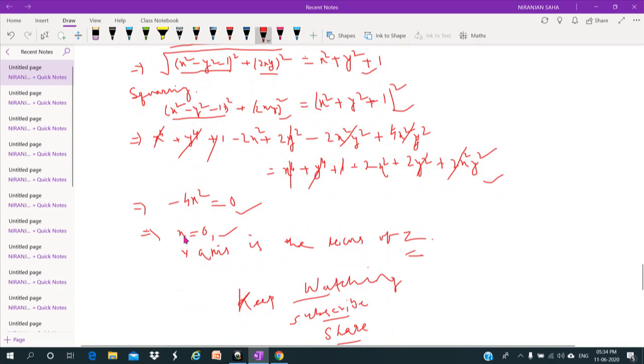I mean x equal to 0 is the equation of the y-axis. So very easy. The locus of z, the complex number, is the y-axis.